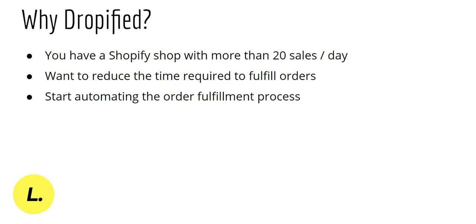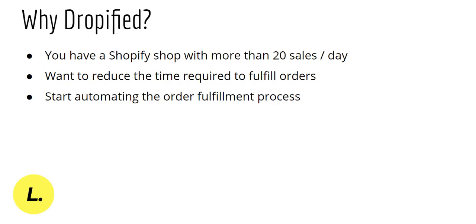Another point is you want to reduce the time that you spend on fulfilling orders, which makes sense because quickly it will build up and then you can go into a very bad habit, which is getting stuck running your store, rather than improving it.